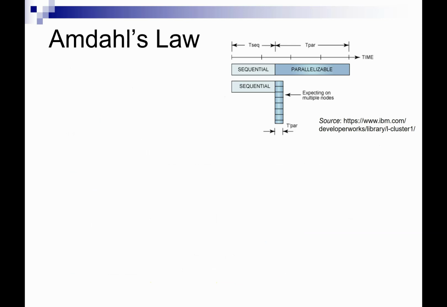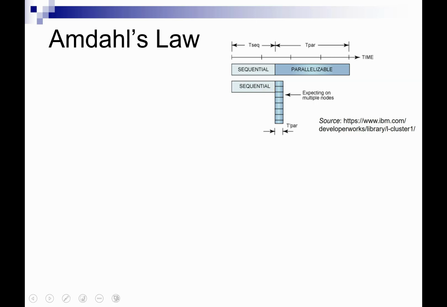Okay, so now this picture actually gives you another way to look at Amdahl's law. What it's saying is that when you run this program on one processor, you have a sequential part and a parallelizable part. And when you switch to multiple processors, the sequential part takes the same amount of time as before, because it's sequential.